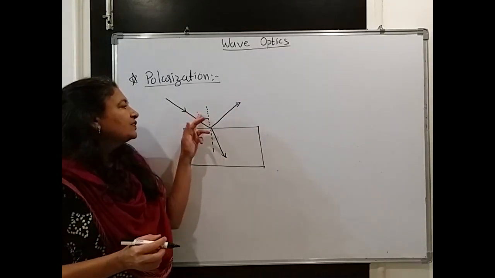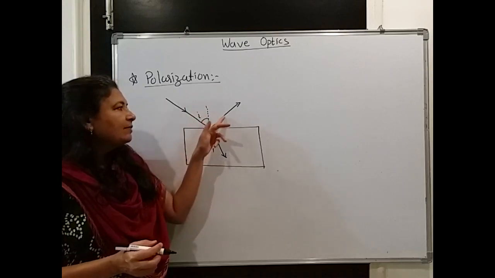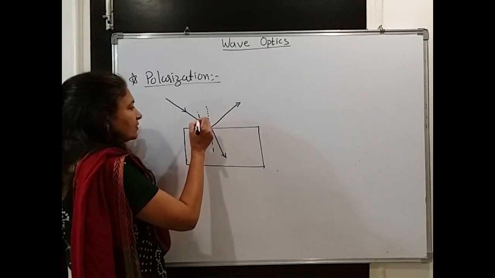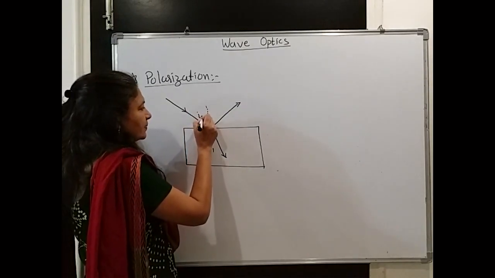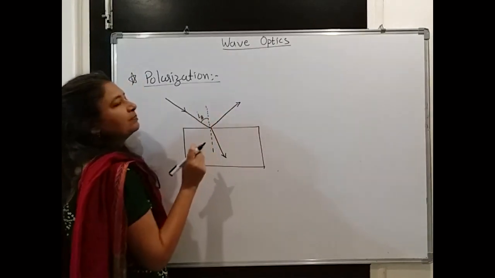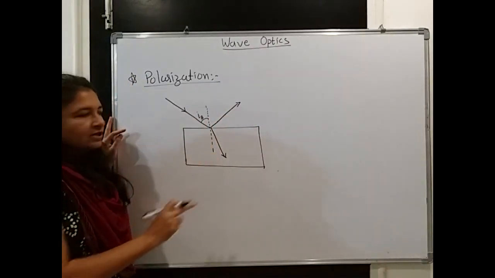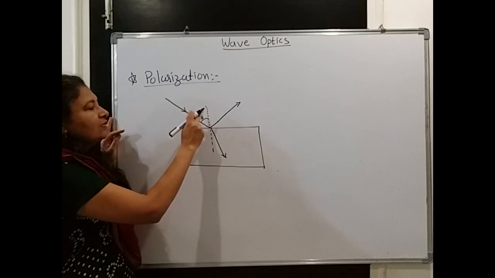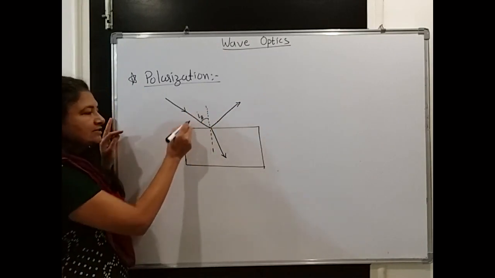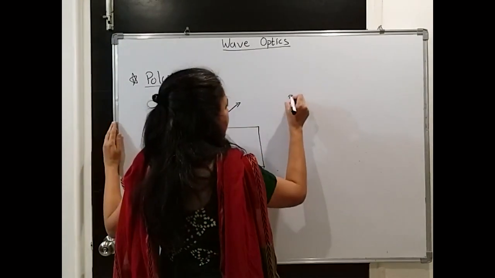So as angle of incidence changes, the amount of polarization will change. At particular angle IB, this reflected light will be perfectly polarized. The angle IB at which the light is perfectly polarized is known as Brewster's angle.